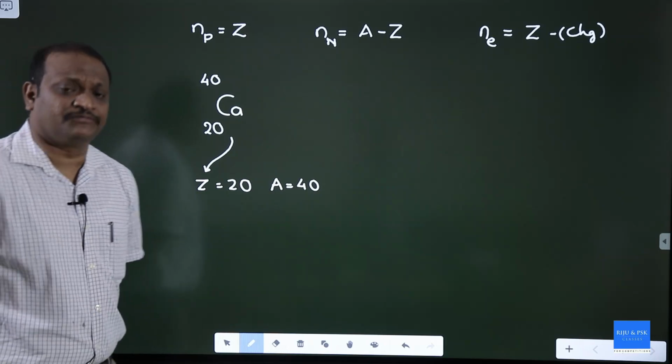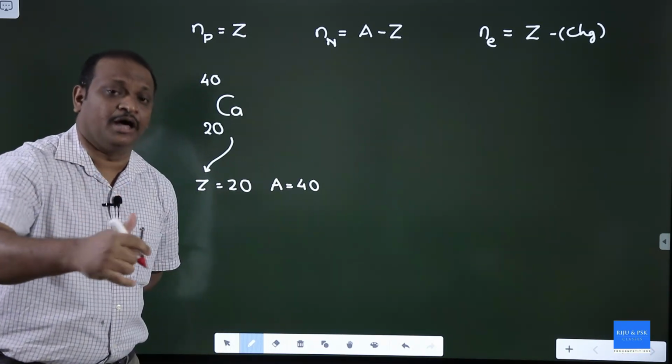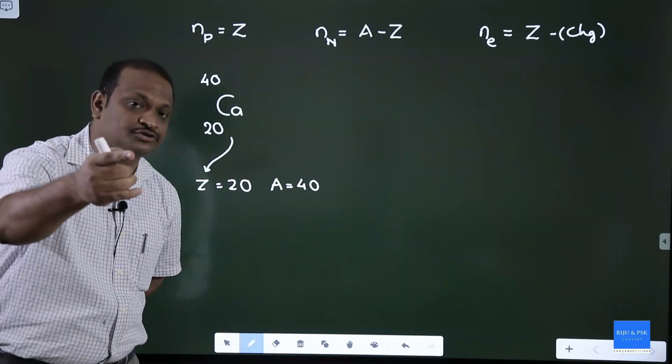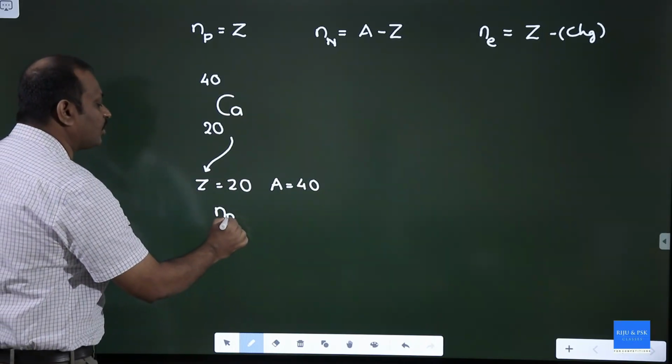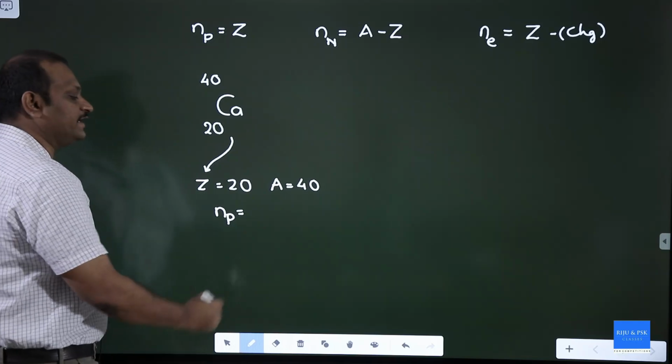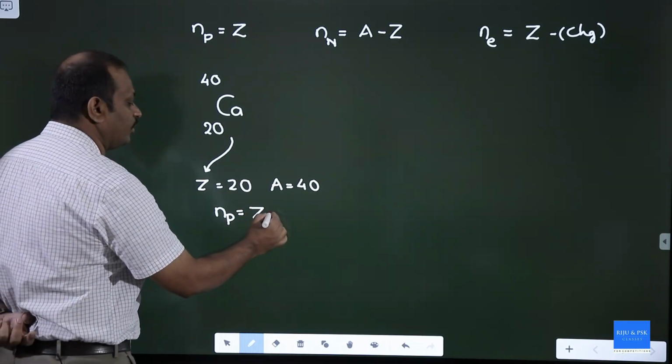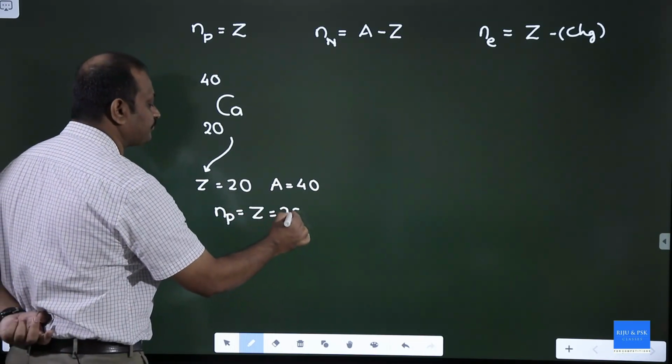Our question is to find the number of protons, number of neutrons, and number of electrons. First, number of protons is equal to Z, which is equal to 20.